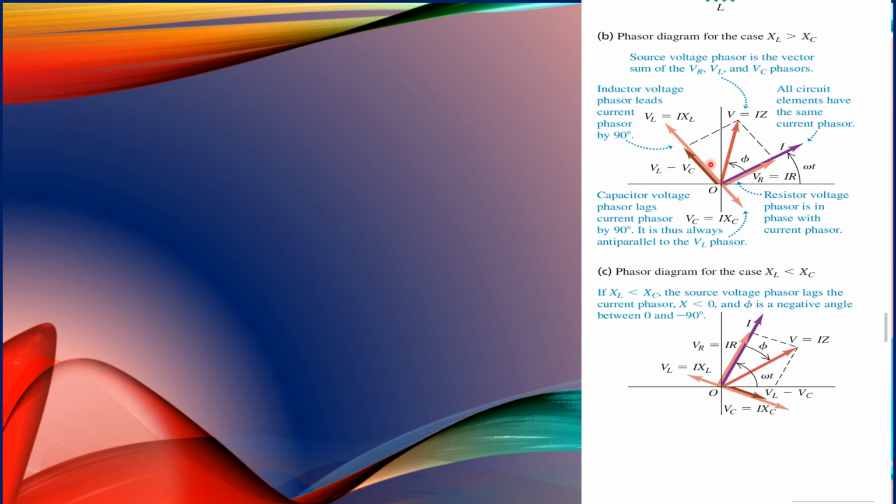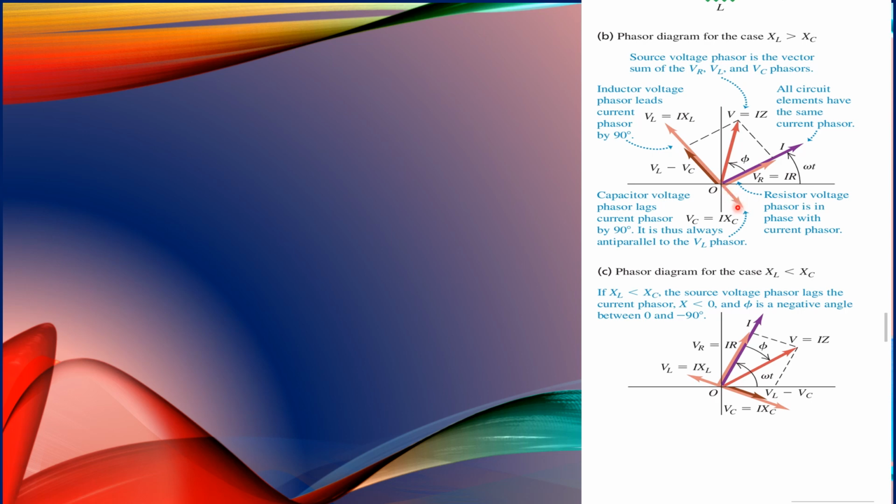So you will notice that the angle between the current phasor and the inductor voltage phasor is 90 degrees. This inductor voltage phasor, of course, is represented by the product of the current amplitude and the inductive reactance, capital X_L.